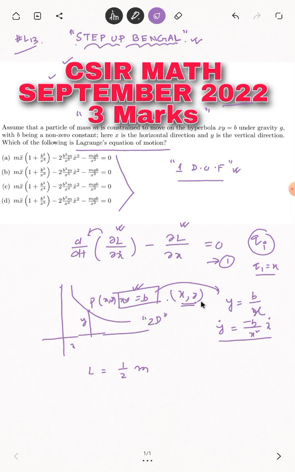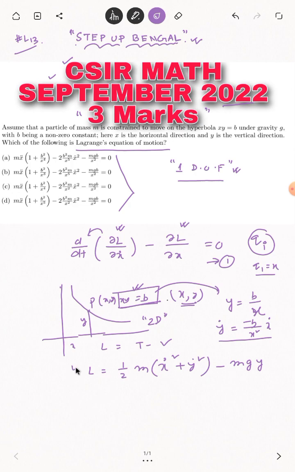How can we know that it is a two-dimensional Cartesian system? From this equation of xy equal to b. So L will be T minus V, and T will be the kinetic energy as discussed in the previous lecture, that is simply this one, minus V, that is mgy. y is obviously b by x.